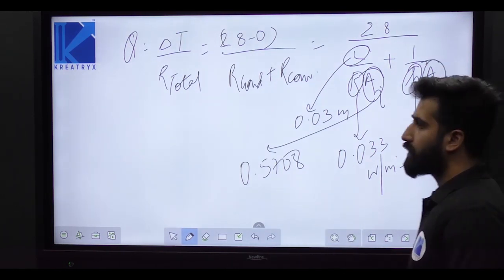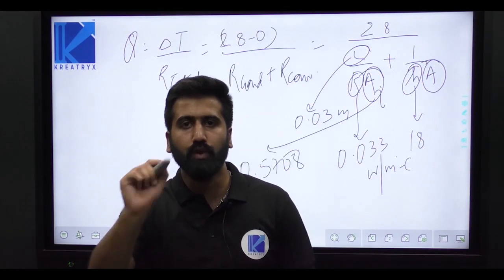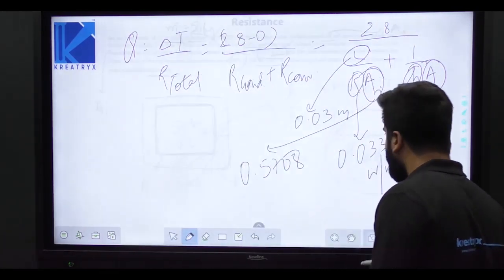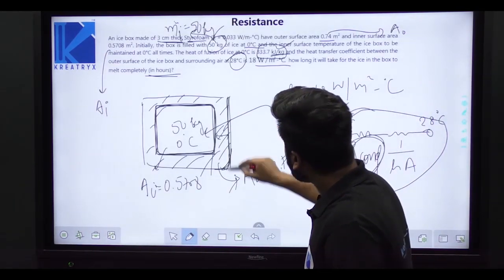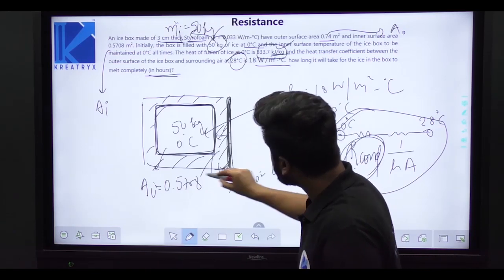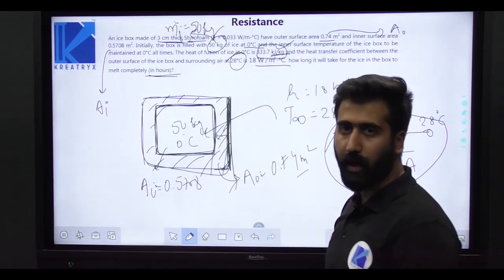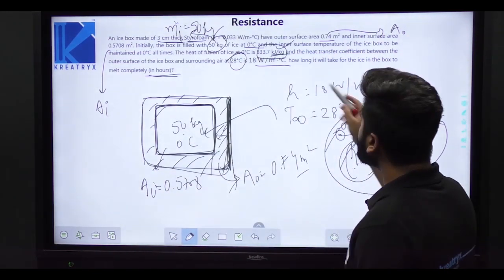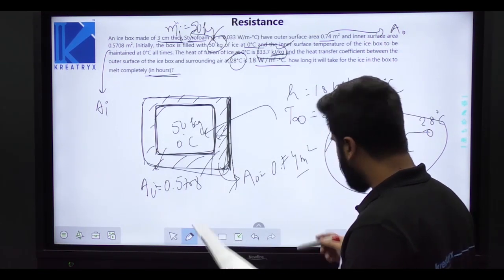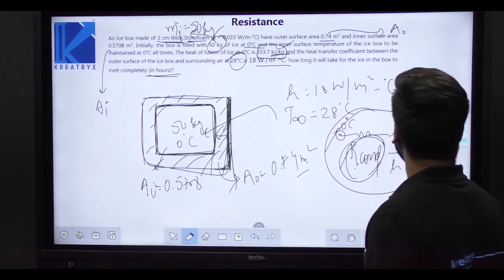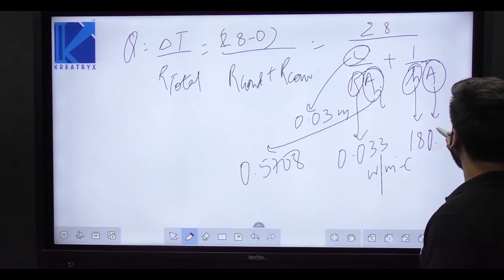And here the area will be the outer surface area, because this area is in contact with the ambient air. So this value is 0.74.